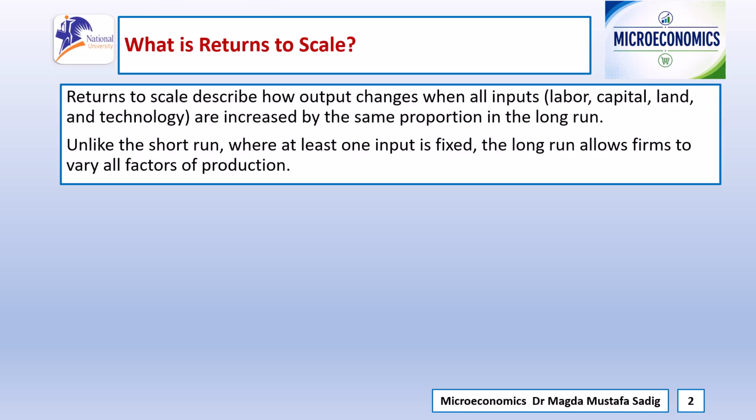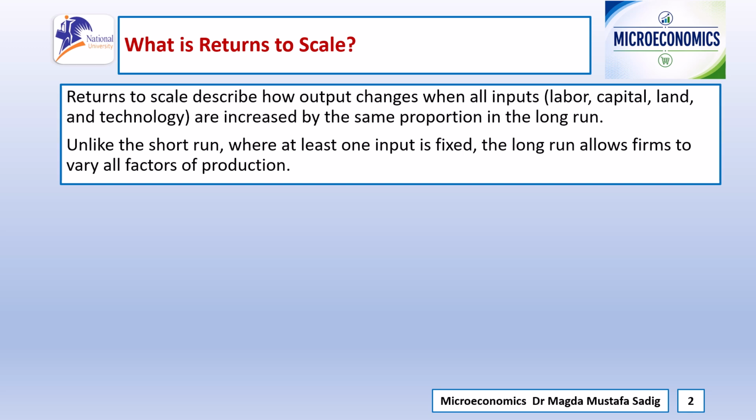What is returns to scale? Before discussing cost, we first need to understand what economists mean by returns to scale. Returns to scale describe how output changes when all production inputs increase together by the same percentage.